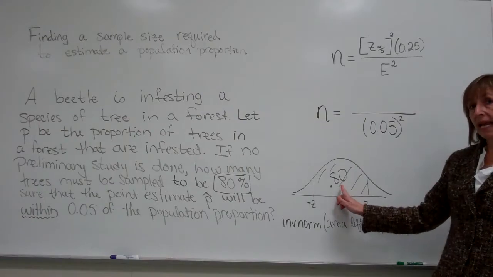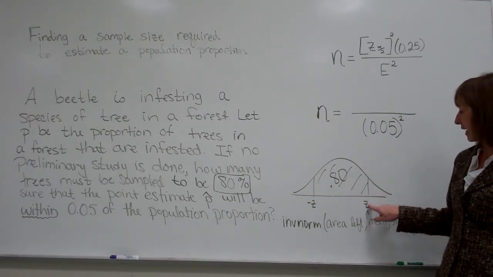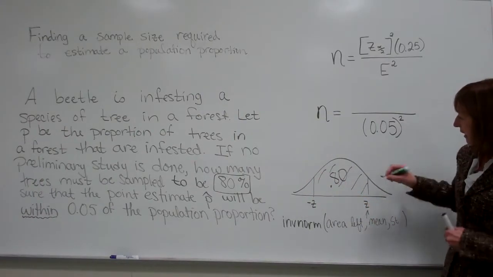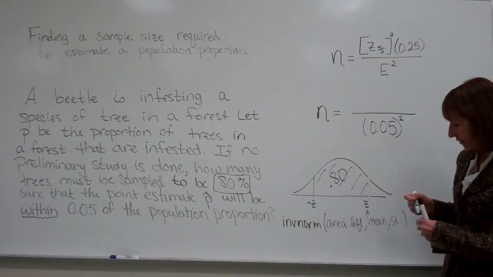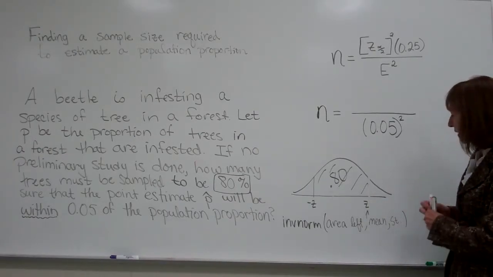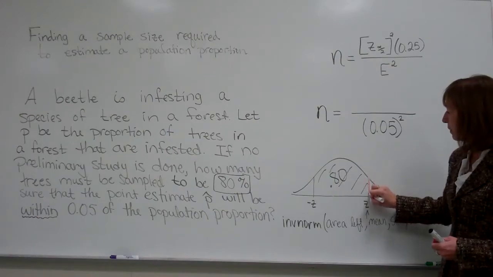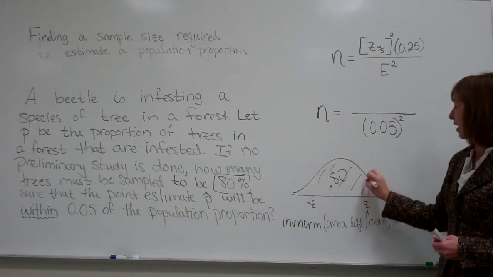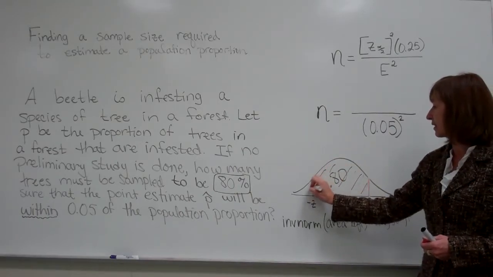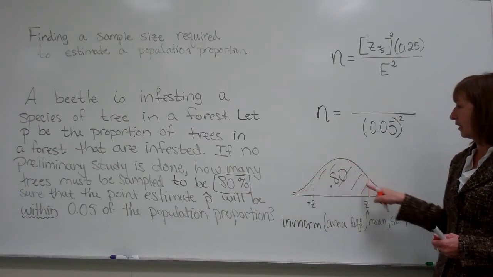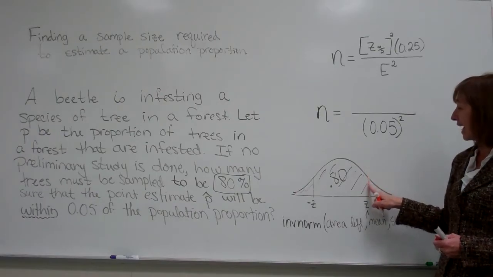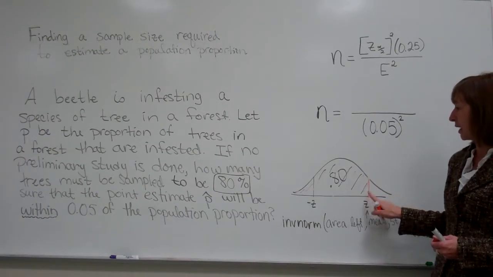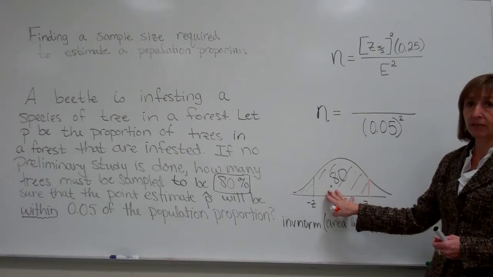So if we want 80% on either side of it, and I'm trying to find that z, the calculator is expecting you to give as an input to it how much area would be to the left of that number line that goes forever left. That's what the input is. So I need to figure out what that area is so that it would coincide with the same stopping point as if I had 80% on either side.